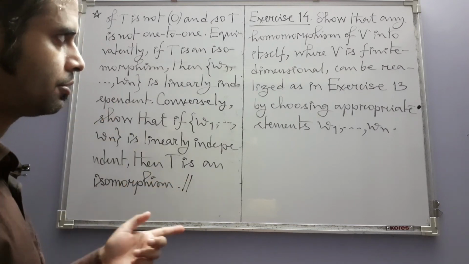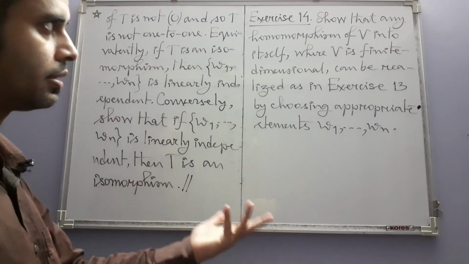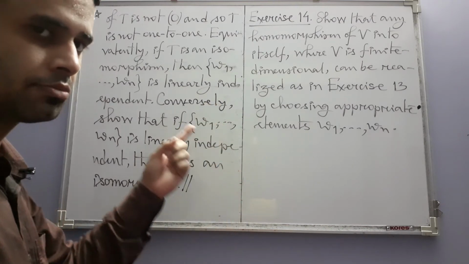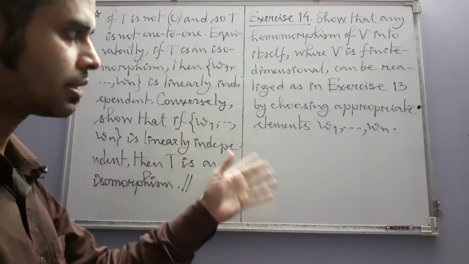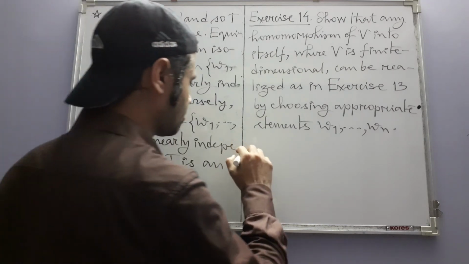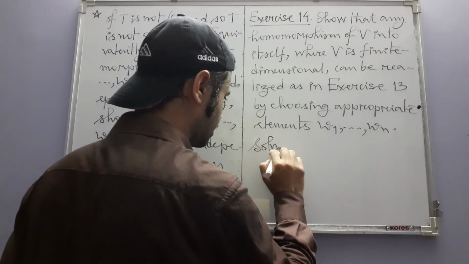Now here we have to show that actually every linear transformation on such a vector space will look like that previously for some W-wise, provided the space is finite dimensional.